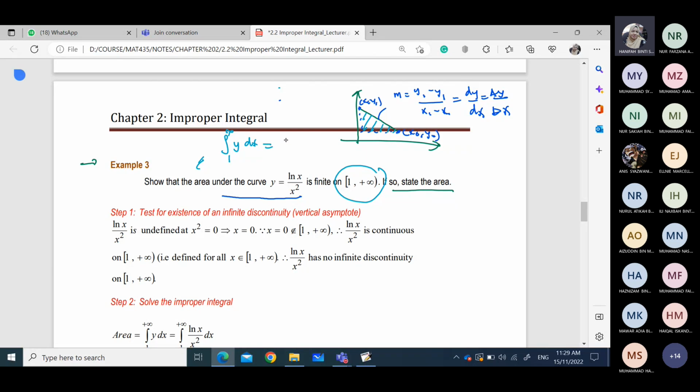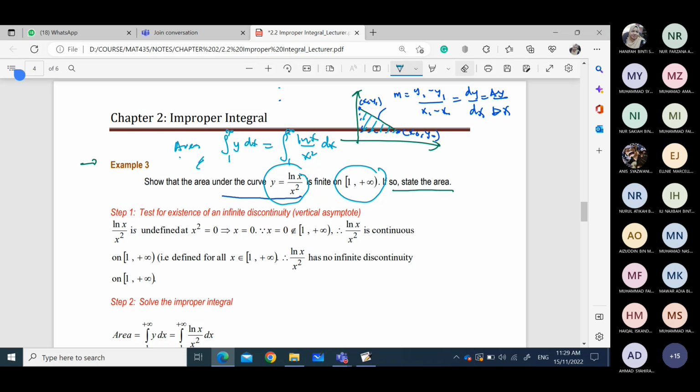So it is also equivalent with y. What is y? y is natural log of x over x squared. Integrate with respect to x, where x is 1 to infinity. Okay. So ini adalah area under the curve y.